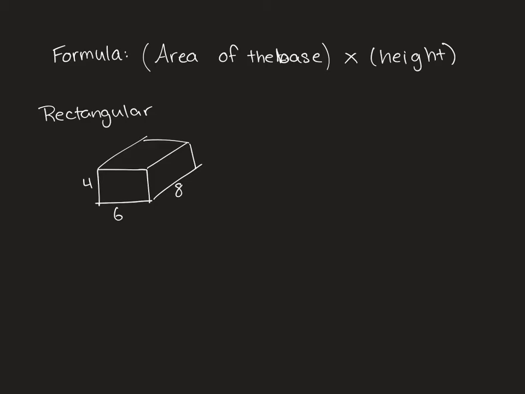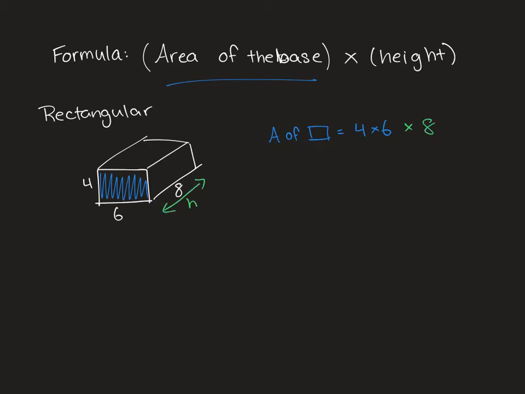So, our first step is to find the area of the base. The area of the rectangle is going to be 4 by 6, right? Because this is our base. So 4 times 6, and then we need to multiply it by the height, basically the other dimension.